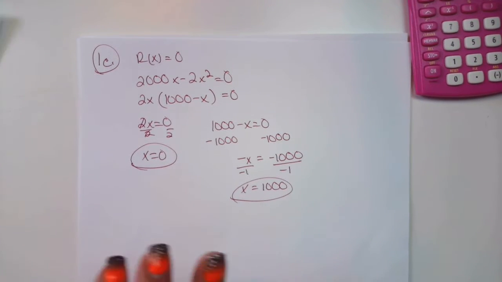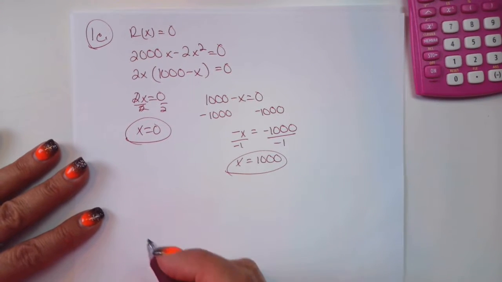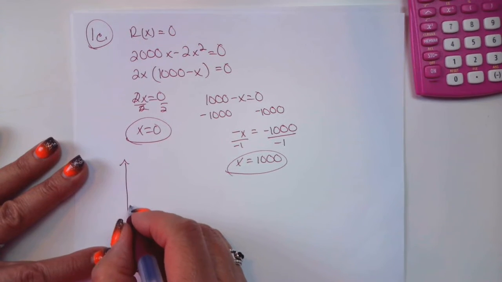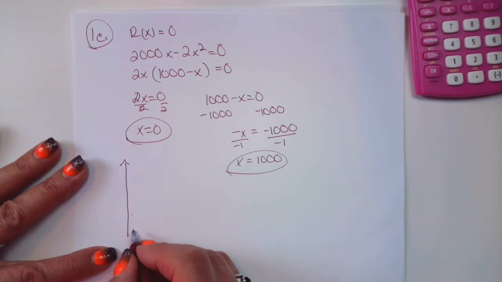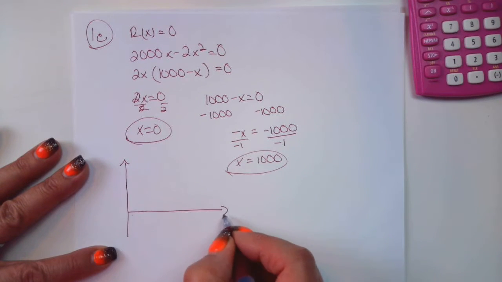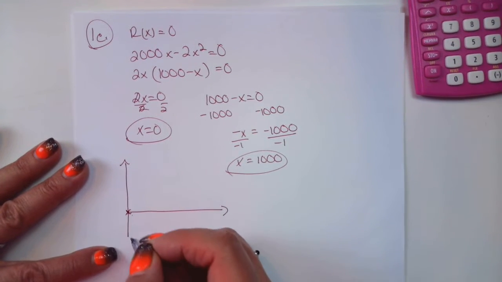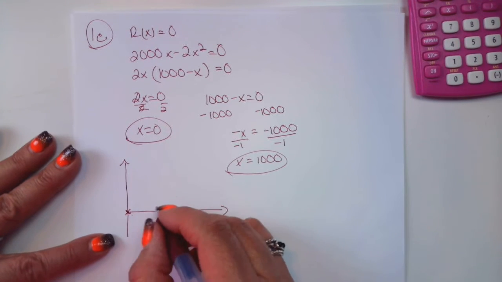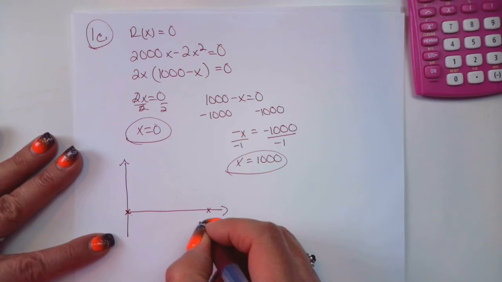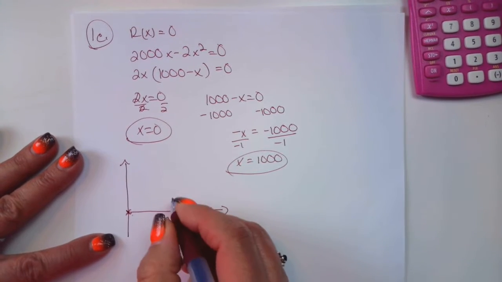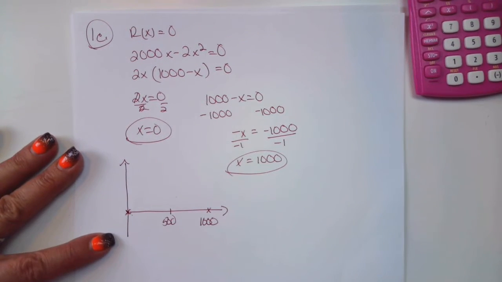So when I do a kind of a sketch of this, we have our y-axis here, and then we have our x-axis here. Our 0 is right here. If this here is 1000, then we have that 500 here, which remember was our maximum.